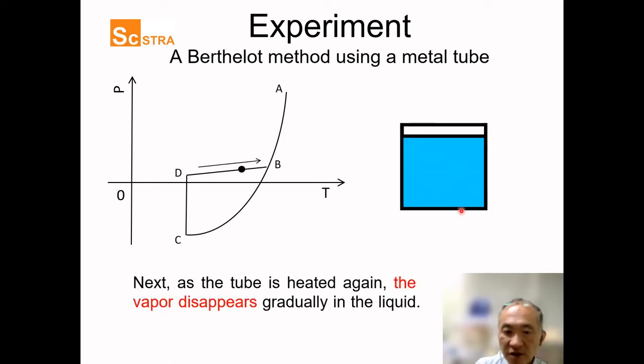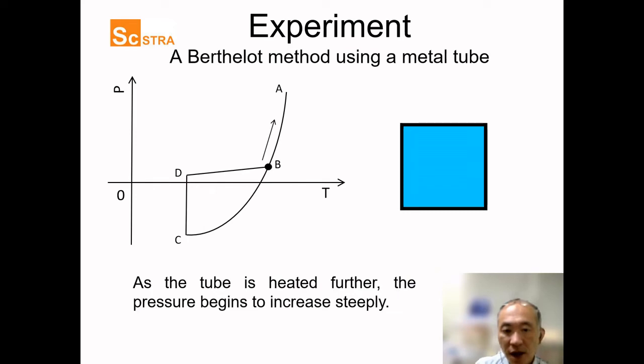Next, as the tube is heated again, the vapor disappears gradually in the liquid. As the tube is heated further, the pressure begins to increase steeply.